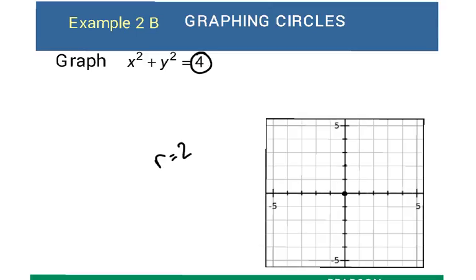Let's go up 2, over 2, down 2, left 2, and draw our circle. And that's it. That's all there is to drawing circles that are in the center radius form.